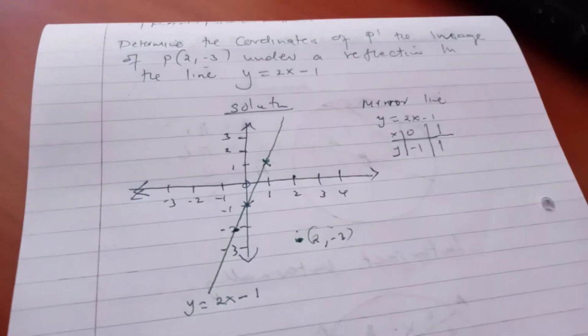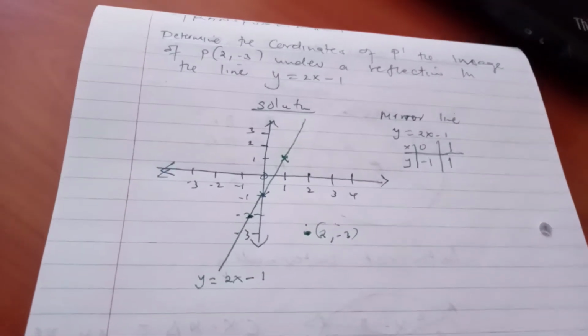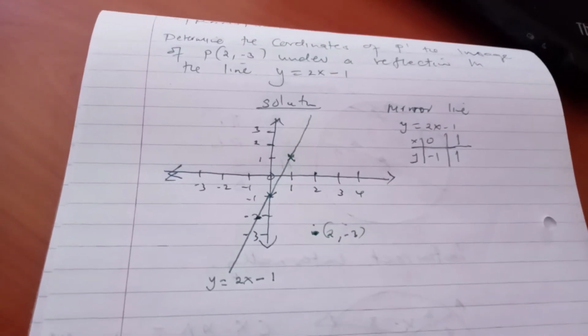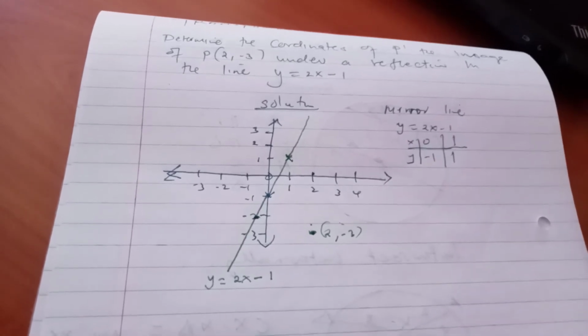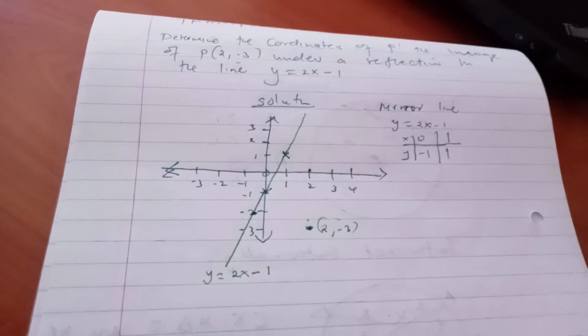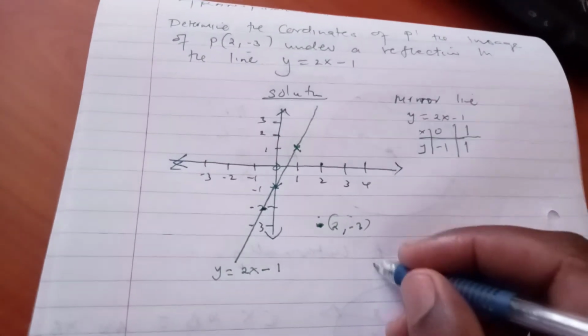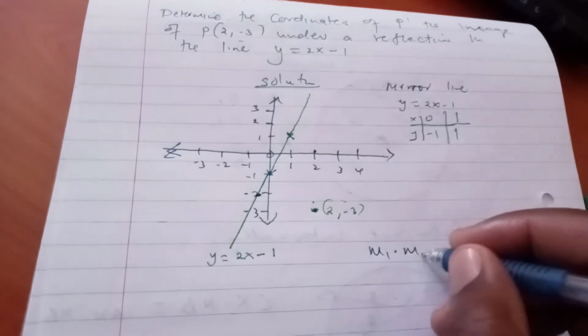That tells us something to do with orthogonality of the lines. The two lines, that is the mirror line and the line passing through the object and the image, are perpendicular, they are orthogonal. So the product of their gradients is equal to -1.